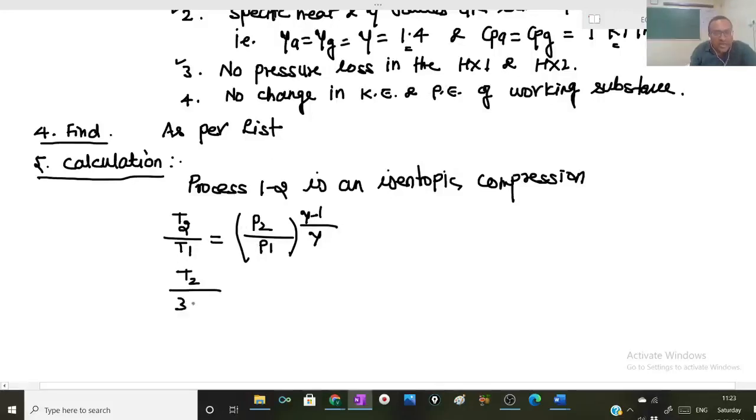T1 is 300, pressure ratio is given as 4, and the exponent is 1.4 minus 1 over 1.4. So from here the value of T2 I can get as 445.8 Kelvin.